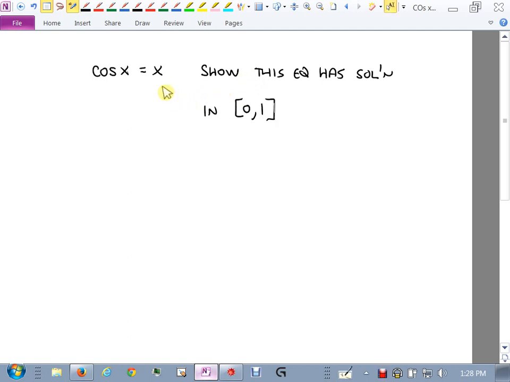What I'm trying to do is convince you and whoever else that there is some value of x I can plug in that would make this equation true. I just have to convince you that a solution exists.